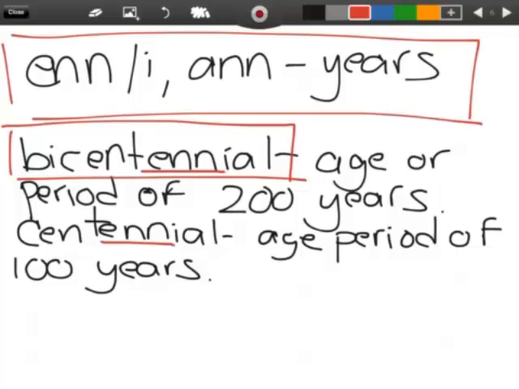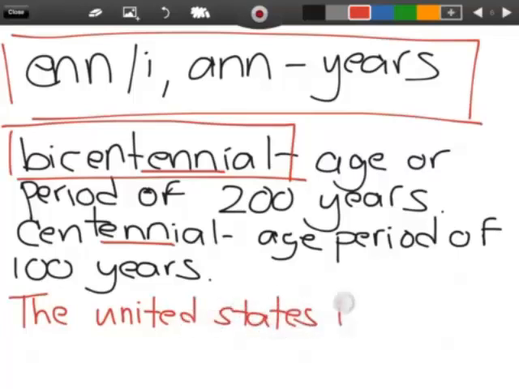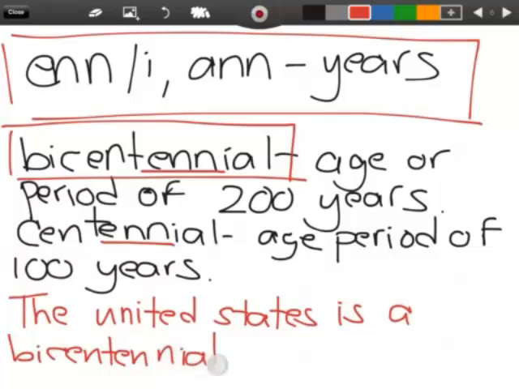I'm going to say the United States is a bicentennial foundation. I'm going to go ahead and read that to you one more time. The United States is a bicentennial foundation.